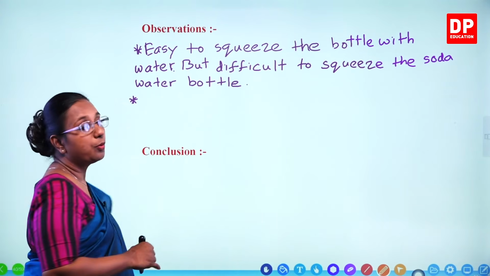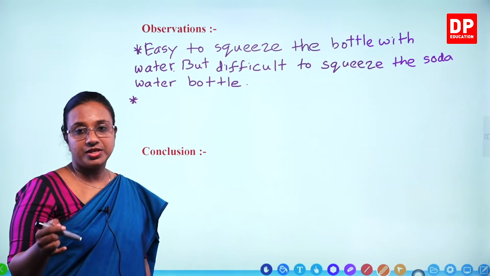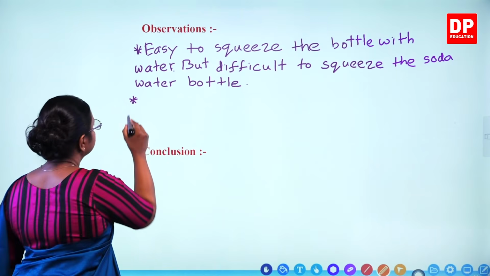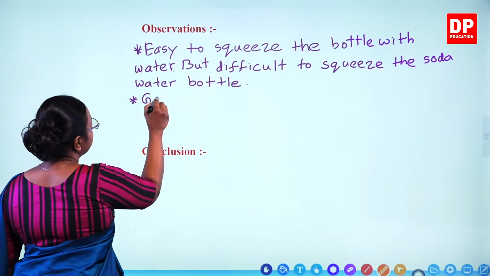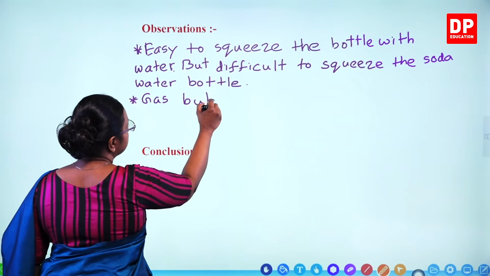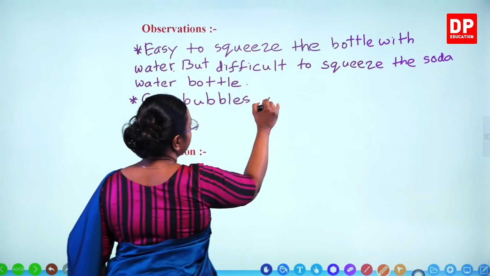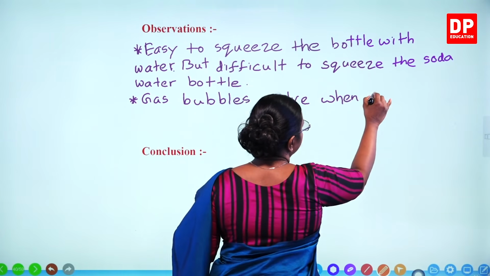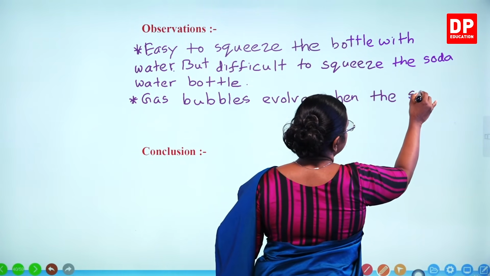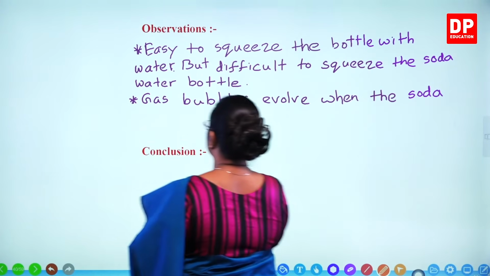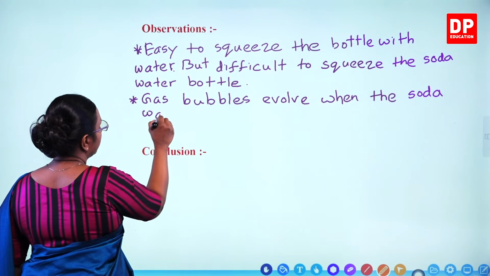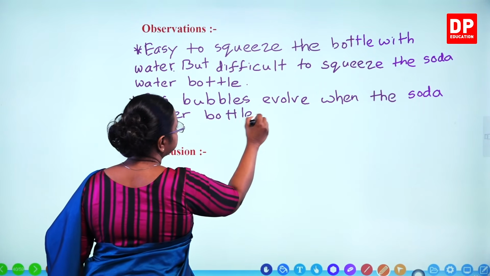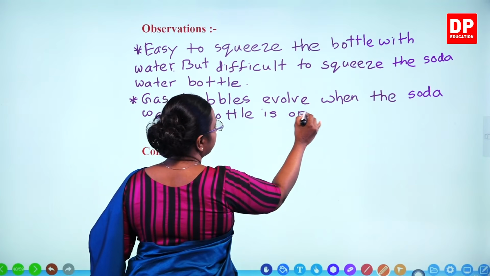Then when I opened the lid, what did you see? You saw the evolving of gas bubbles. Gas bubbles evolve when the soda water bottle is opened.